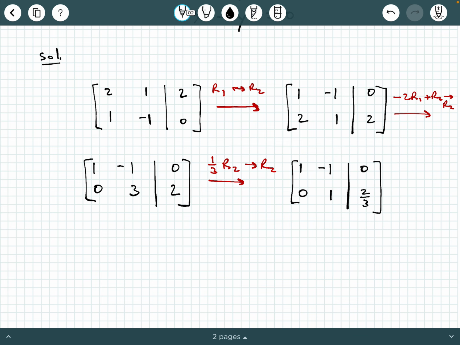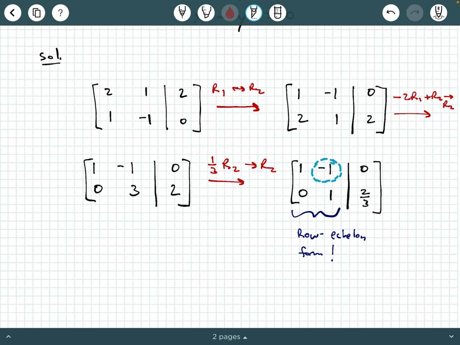Now, here's something cool. This left portion of the matrix, what is this in now? This is row echelon form. So we have now achieved row echelon form on the left side of the matrix. That's great, but we got to keep going. We want reduced row echelon form. So what do we do now? Well, we need to create a cancellation in the upper triangle.